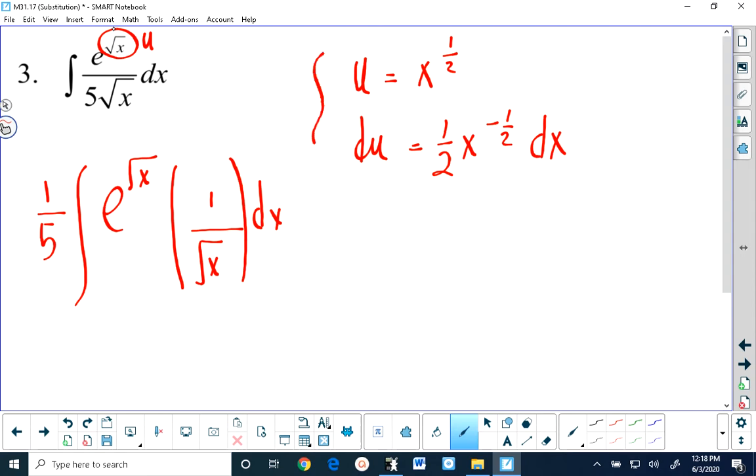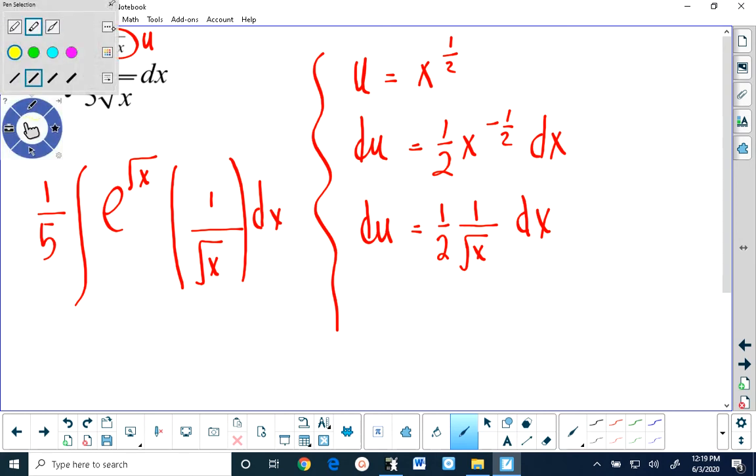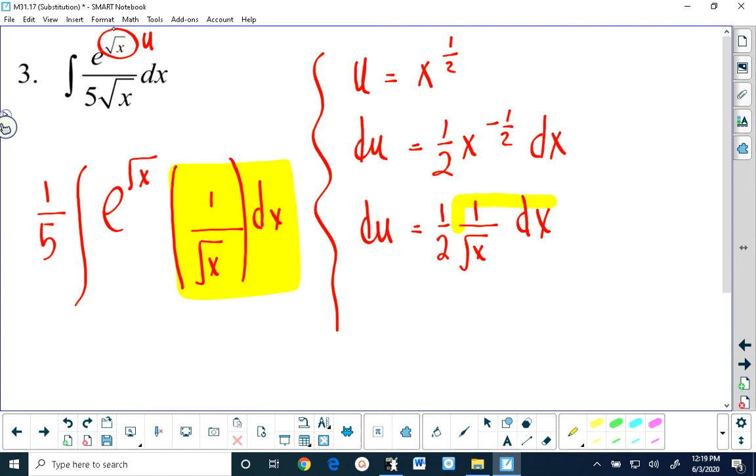Now let's take a look at our differential equation over on the right. We have du equals 1/2, and x to the negative half is 1 over root x. So this 1 over root x dx is contained within our differential equation.